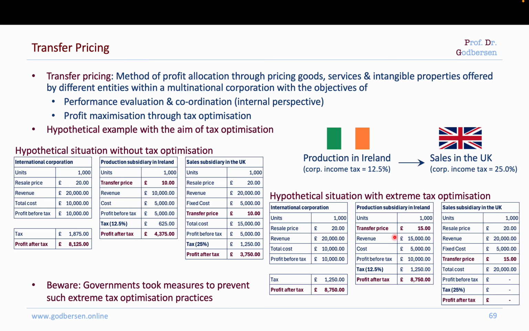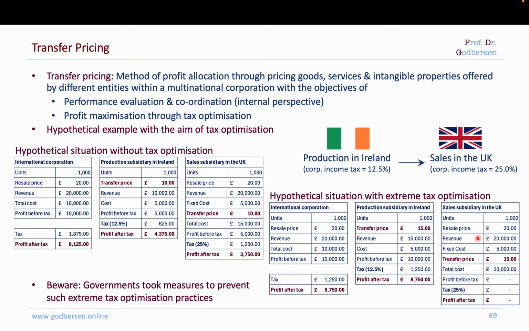Then 15 times 1,000 is £15,000 minus our £5,000 cost. They don't change. We have a profit of £10,000 in Ireland. Tax at 12.5% is £1,250. And the profit after tax is £8,750.